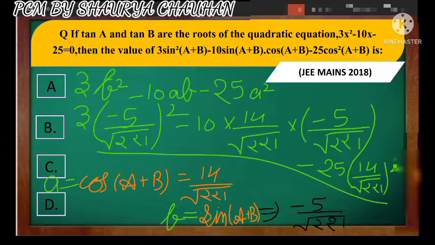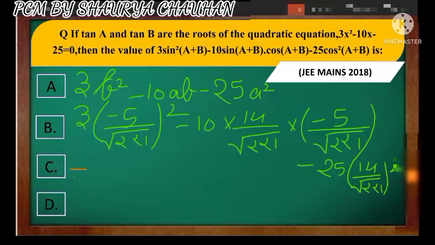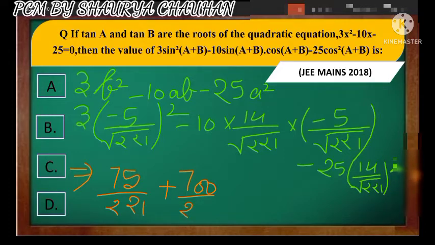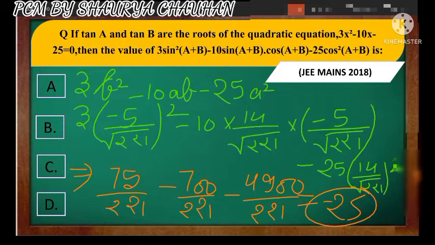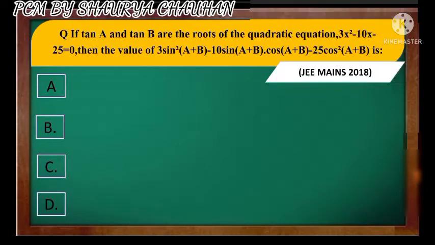After solving, it becomes 75 by 221 plus 700 by 221 minus 4900 by 221. After solving, it comes out to be 25 with a negative sign. So the answer is minus 25, which is option D. Option D is our correct answer.